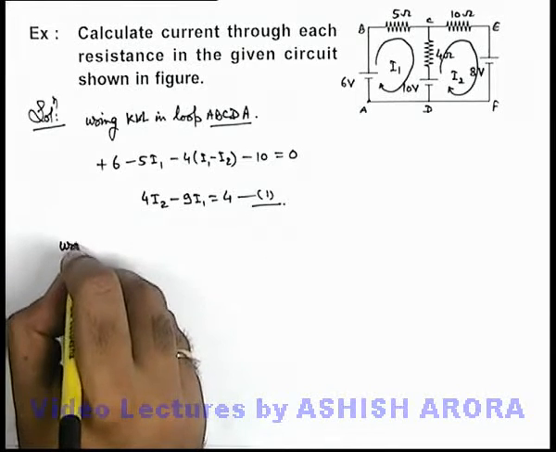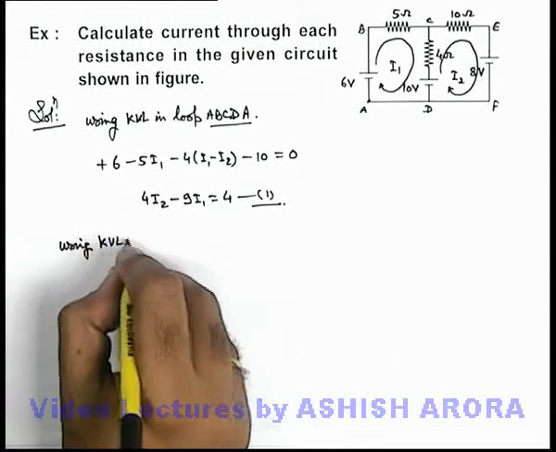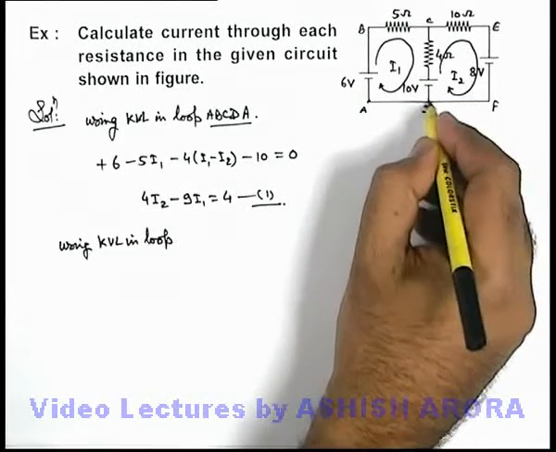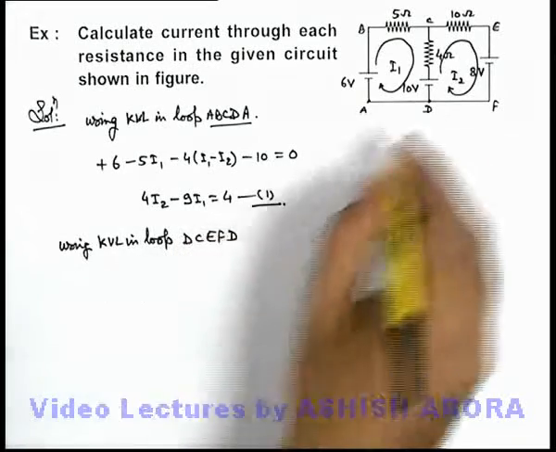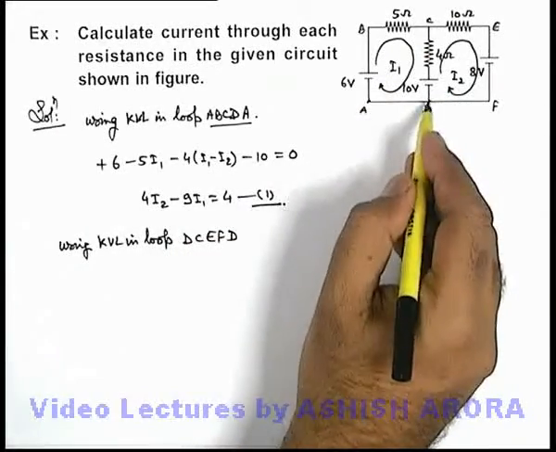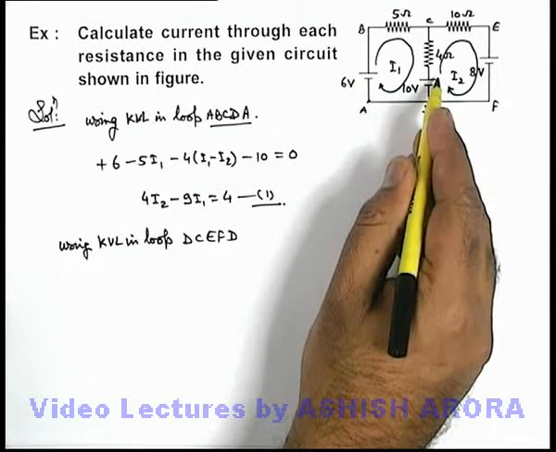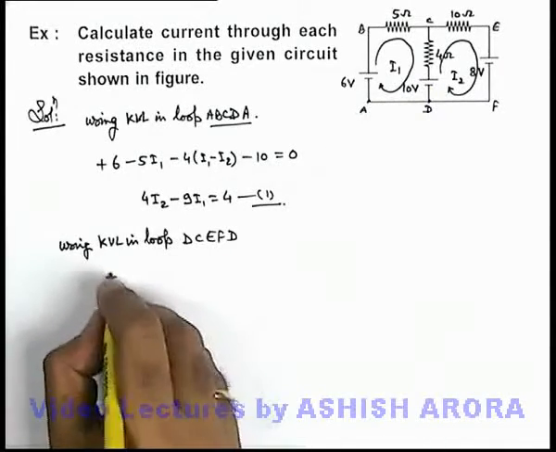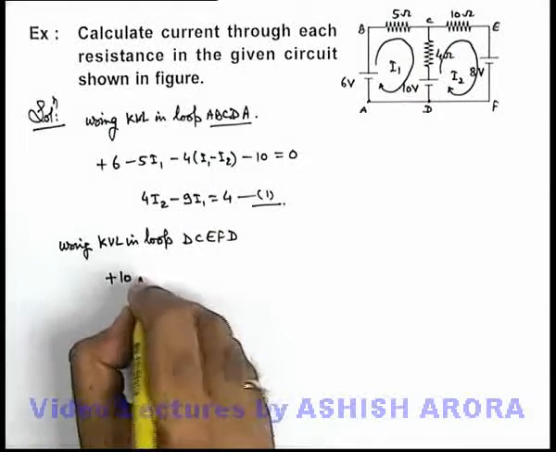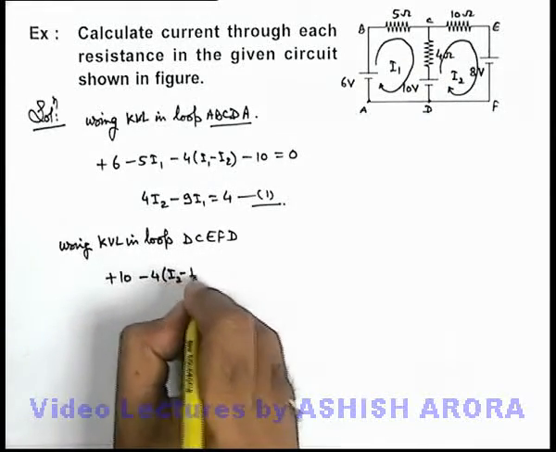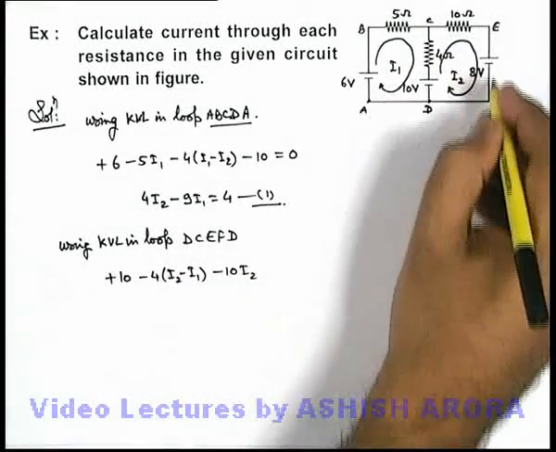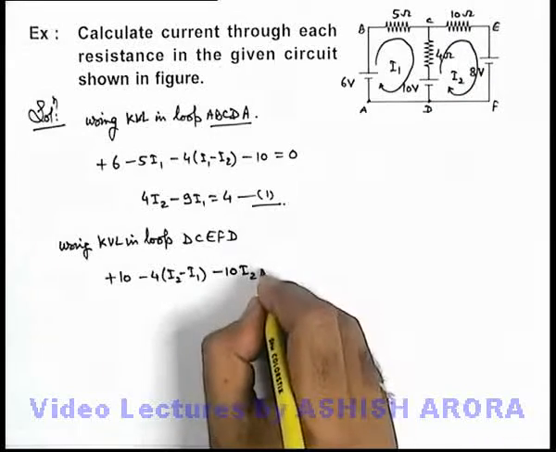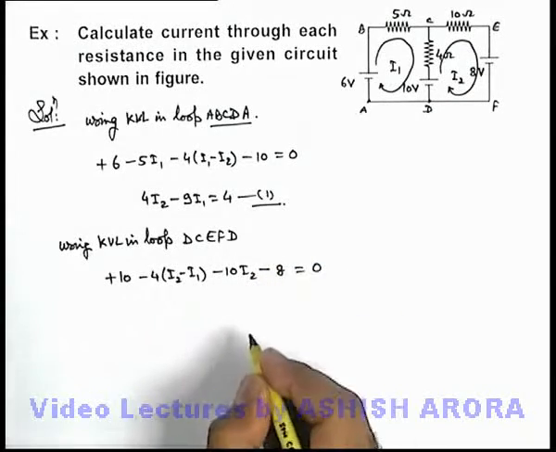This is our equation 1. And if we use KVL in the second loop, starting from point D, we can write D, C, E, F, D. If you move along the direction of current I2, there will be first a gain of potential plus 10, then minus 4 (I2 minus I1), then minus 10 I2, then a potential drop of 8 volt due to the battery, so minus 8 is equal to 0.